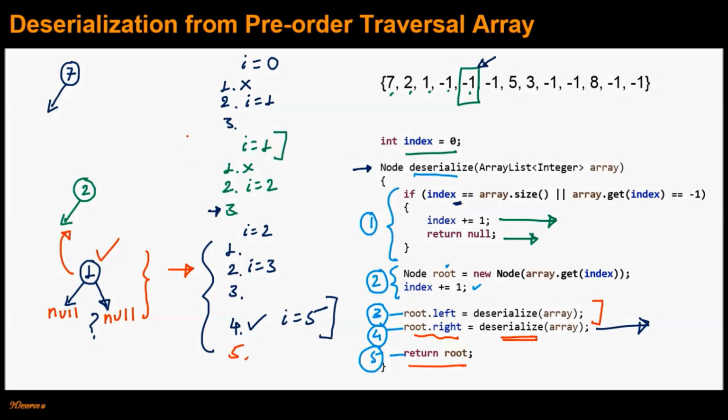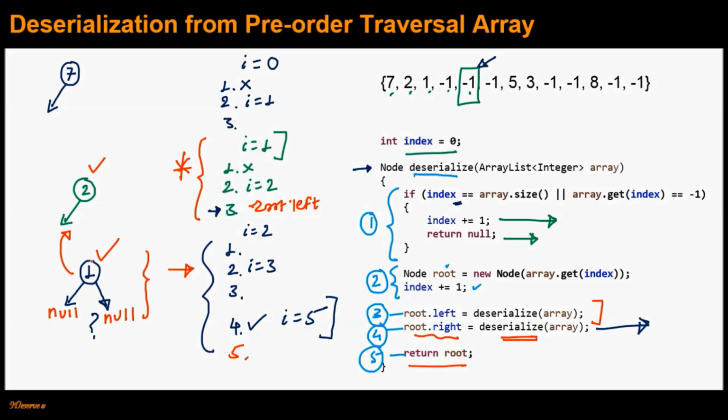Note that in step number 3 for this particular call sequence, whatever result is returned by the recursive call would be made the left subtree for the root node that is created in this call sequence. The root node that is created in this call sequence is node 2.